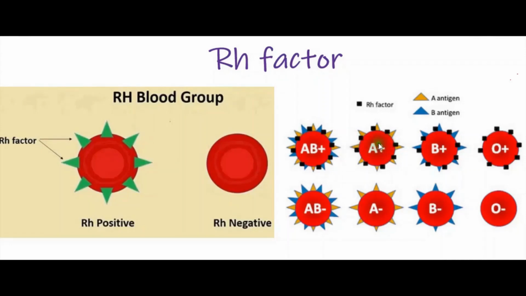In the A blood group person's body, antigen A and RH factor are present. In the B group person's body, B antigen and RH factor are present. In the O blood group, there is no antigen, but only the RH factor is present on the surface of the RBC.